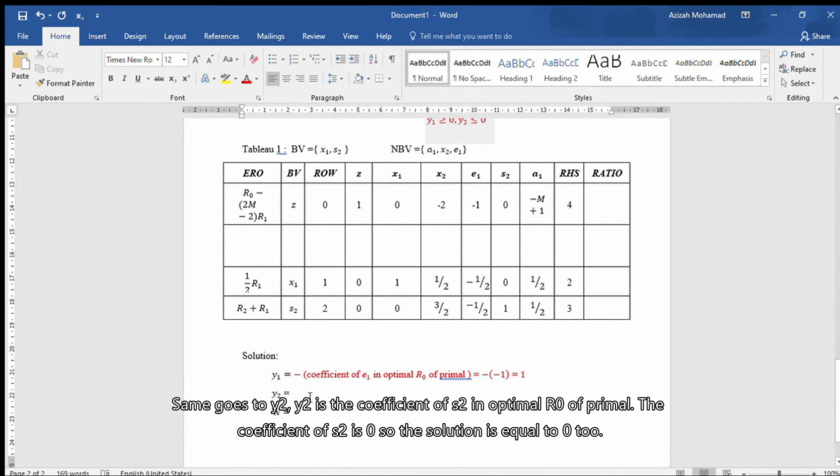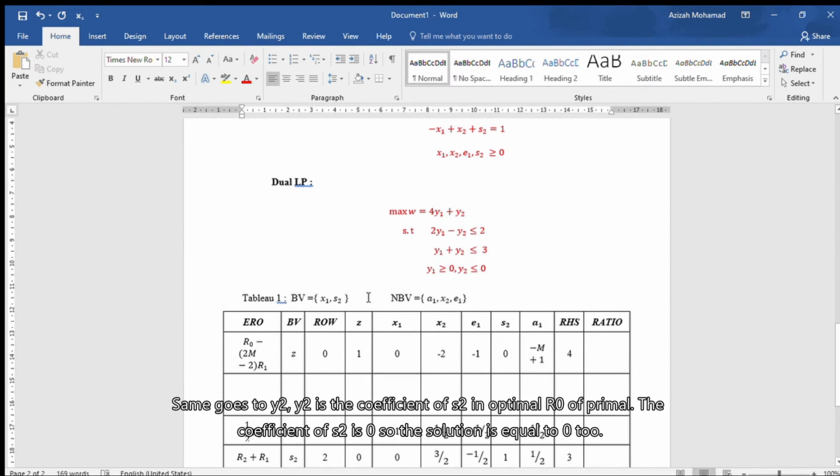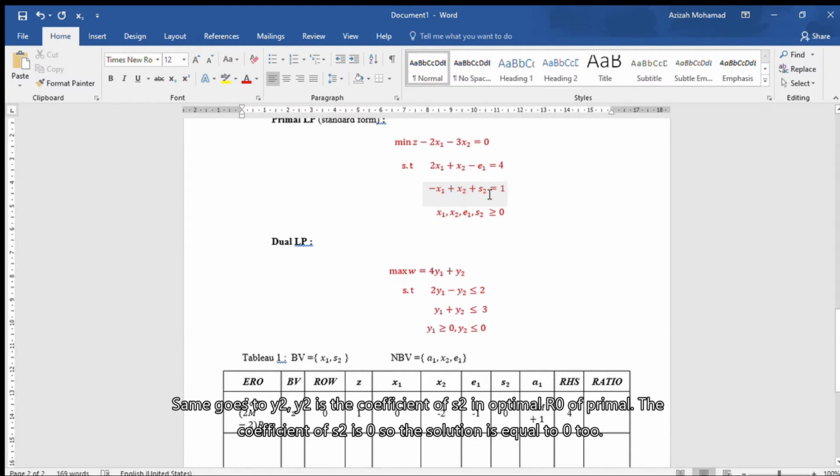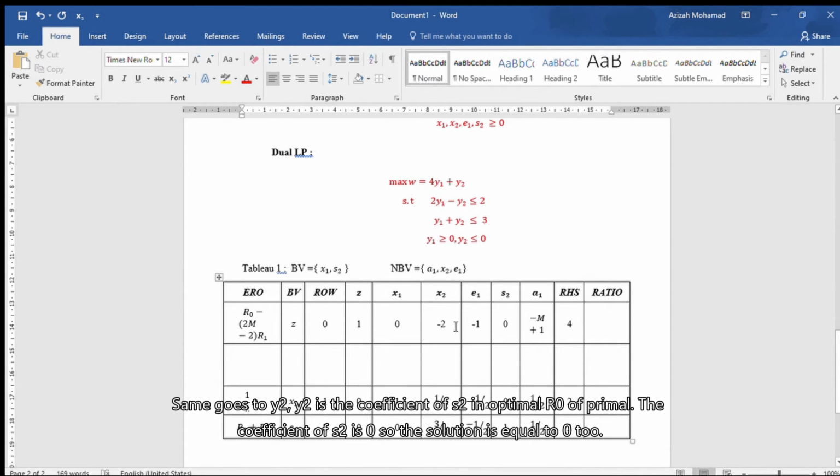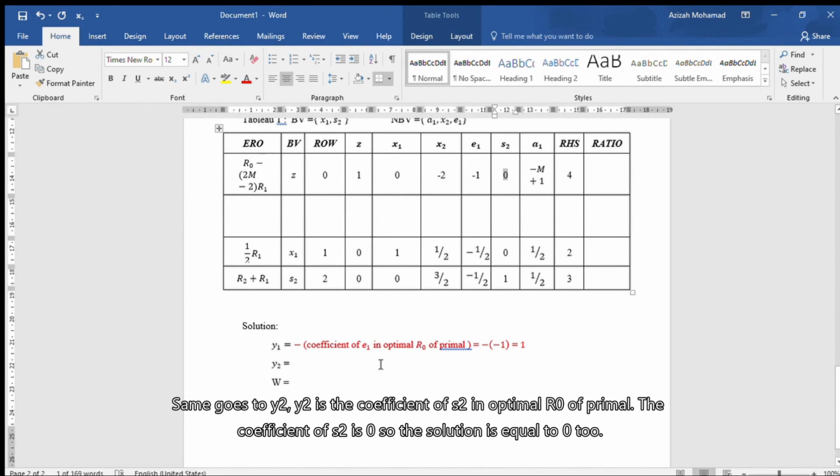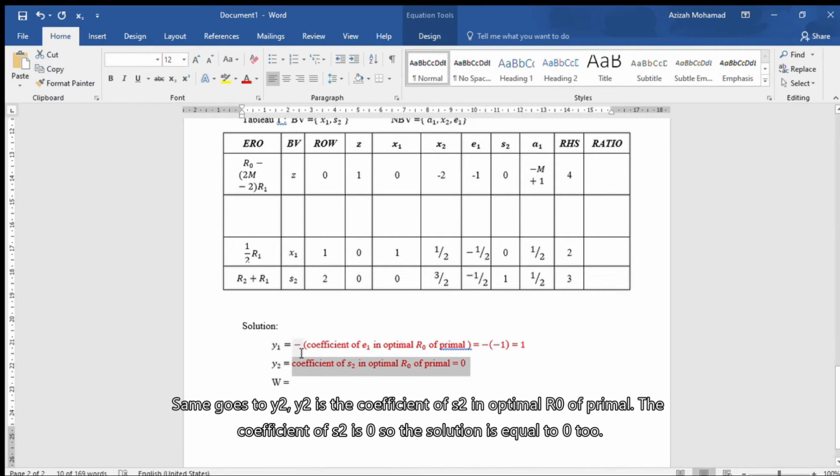Same goes for y2. y2 is the coefficient of S2 in the optimal row 0 of the primal. The coefficient of S2 is 0. So the solution is equal to 0.